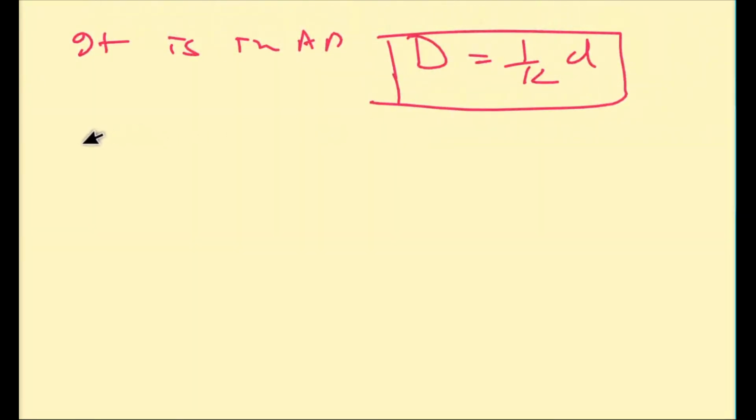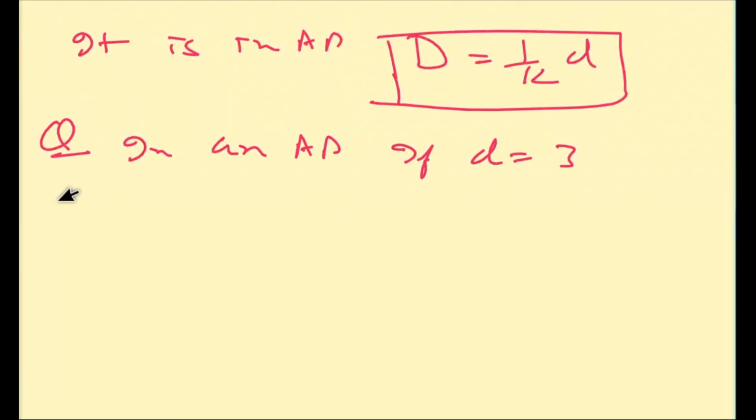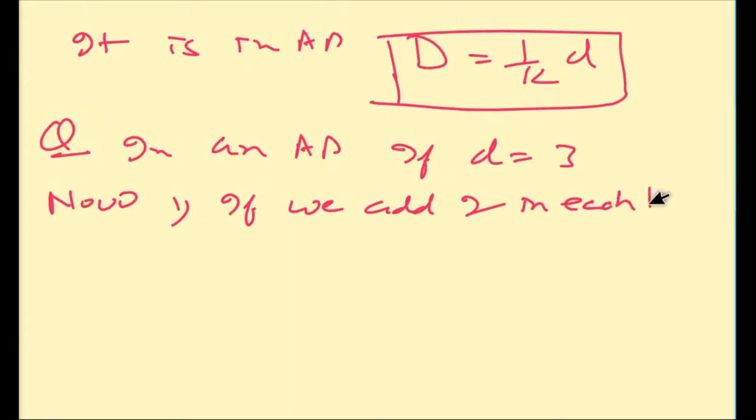Okay, student. Now the question is, in an AP, if d is 3, and first we add 2 to each term, what is the new common difference?